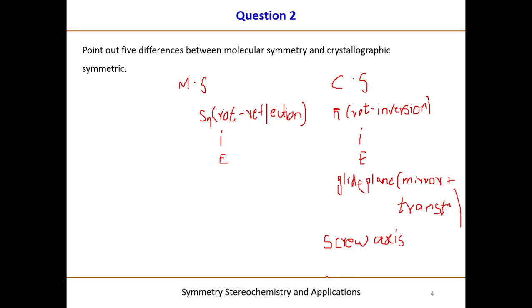This is a rotation translation axis. So these are a few differences between molecular symmetry and crystallographic symmetry, which is present in molecules and lattice respectively.